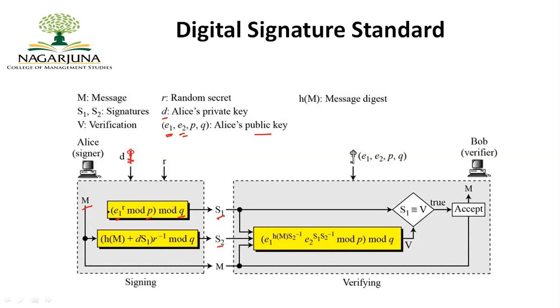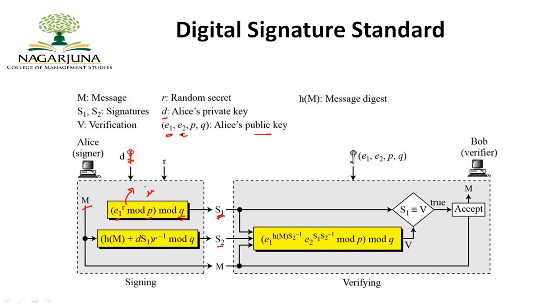To generate S1, she performs a mod operation with the prime number P on the first public key E1 raised to the power R, where R is a randomly selected integer, and then performs a mod operation with Q, generating S1.